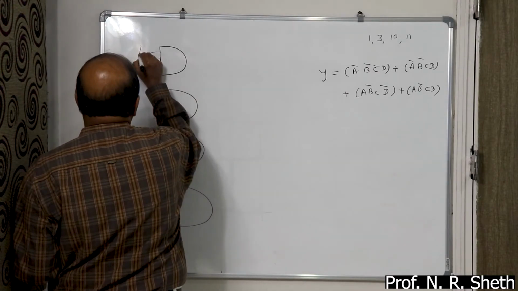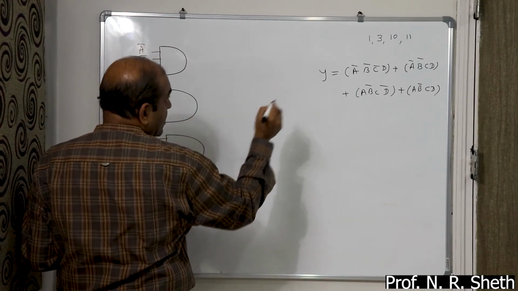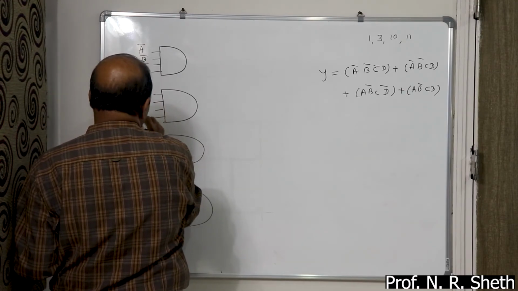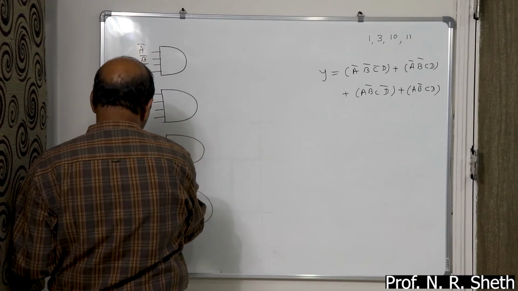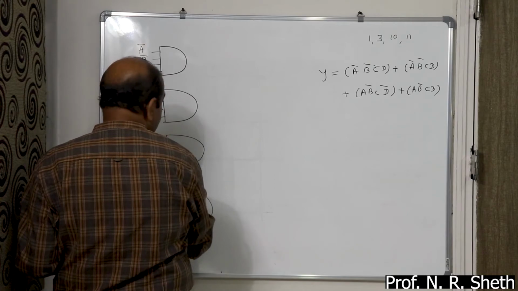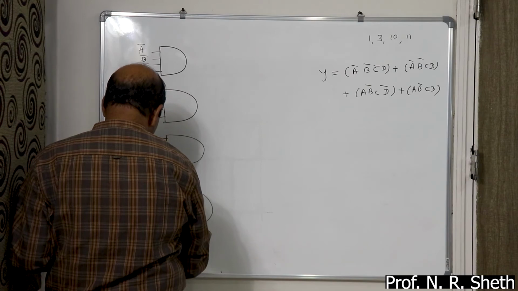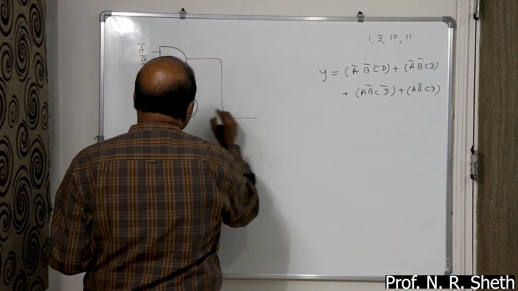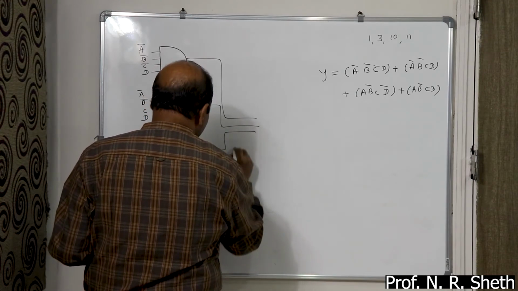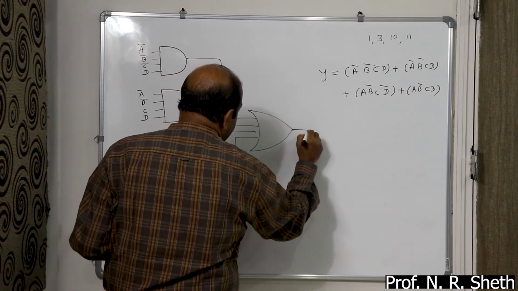A bar, B bar, C bar, D. A bar, B bar, C, D. A, B bar, C, D bar. A, B bar, C, D. And yes, OR gate.